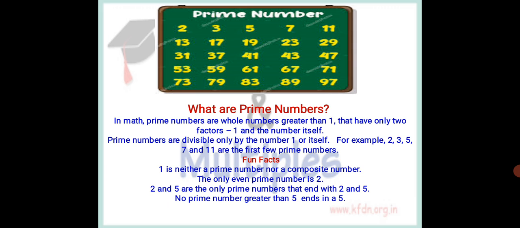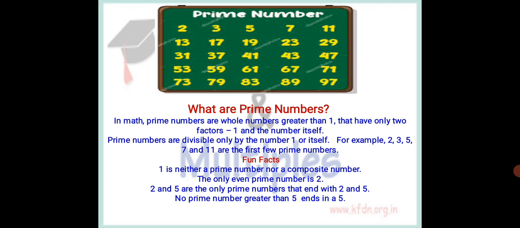Now, let's discuss what prime numbers are. In math, prime numbers are whole numbers greater than 1. And the second characteristic of a prime number is that a prime number has only two factors. What are these two factors, beta?